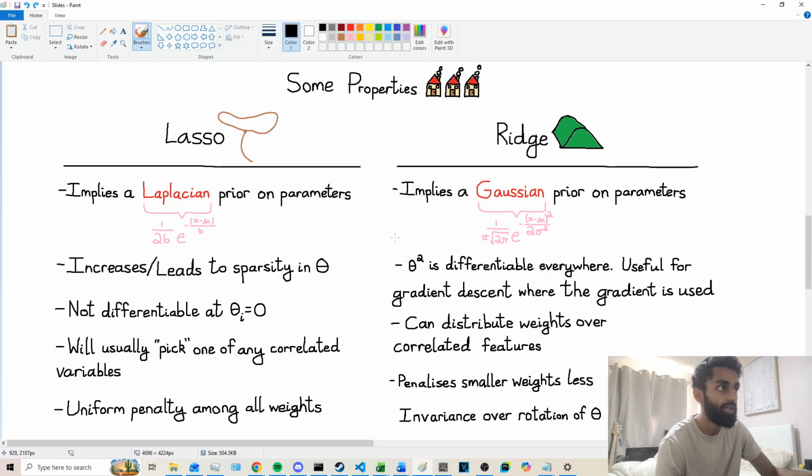Likewise with ridge, we're assuming a Gaussian distribution for our parameters. I said θ1 as an example, but this is true for every individual parameter. So when you have lambda times the L2 norm of theta, and you minimize with that extra term, immediately you're imposing this Gaussian prior on each parameter.